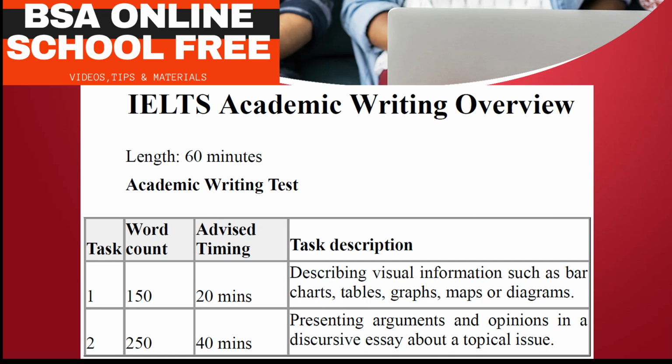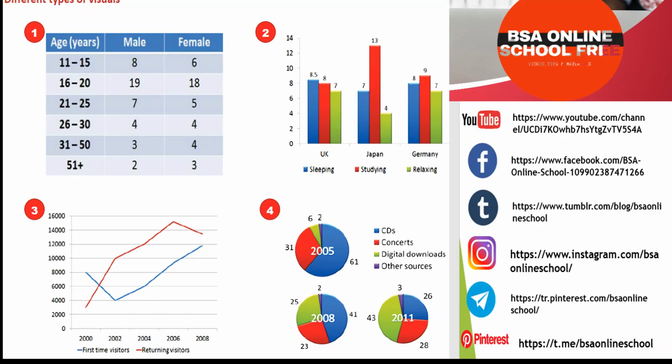You have a word count of 150, and you have just 20 minutes for writing task 1. You need to describe visual information: bar charts, bar graphs, tables, maps, diagrams, processes.